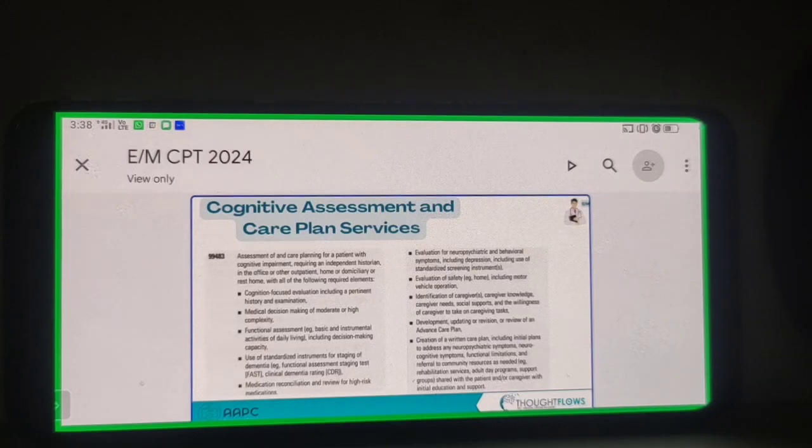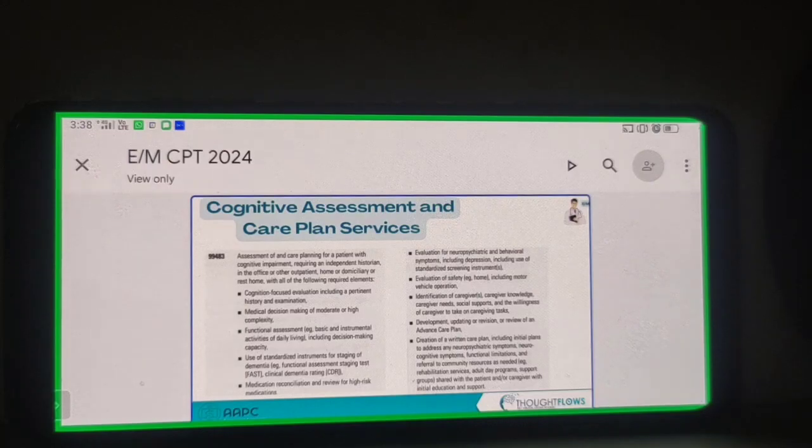For example, after completion of brain tumor surgery, the patient is still in the hospital for 10 days. During the post-operative period, the doctor takes some assessment. In that assessment, they are planning the treatment, the medications, and the follow-up.